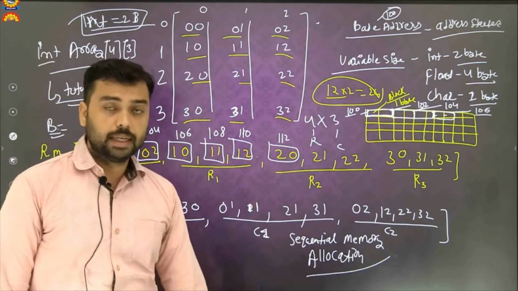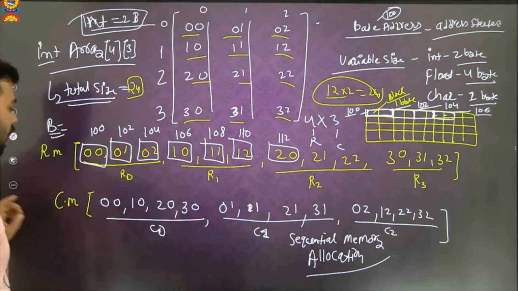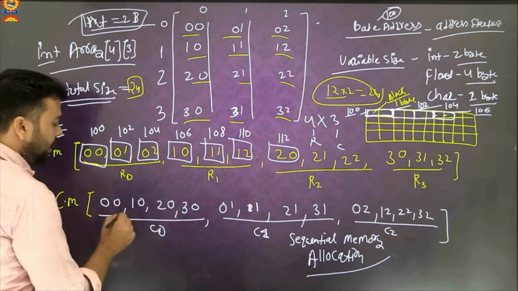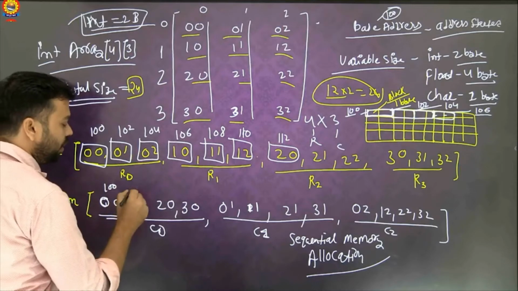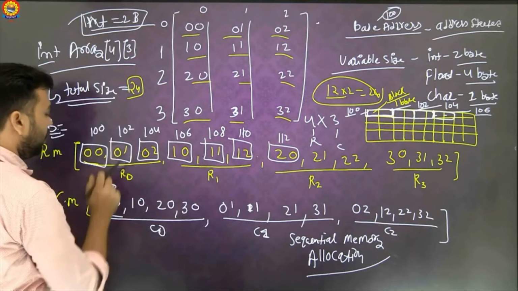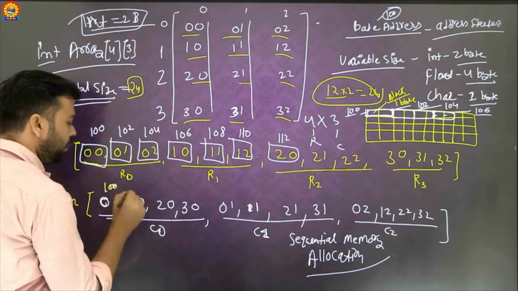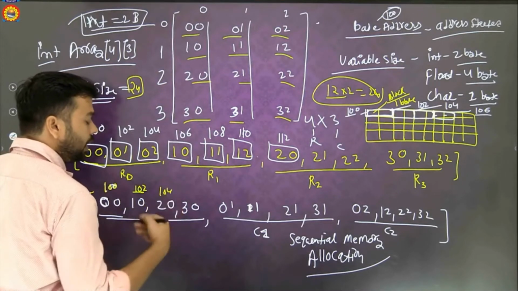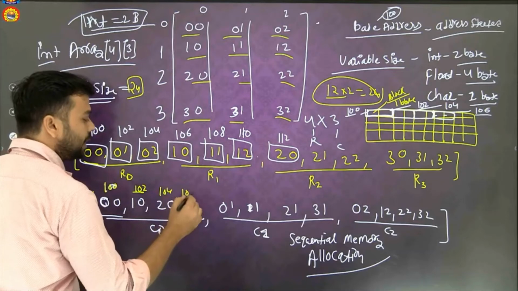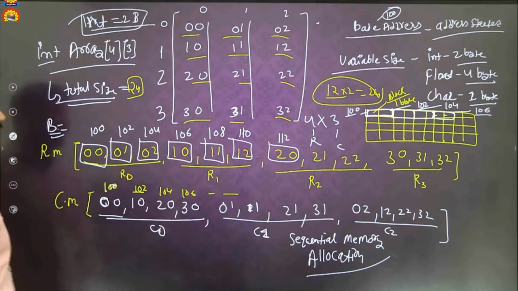Similarly, in the case of column, if the base address is 100, then the address of 00 will be 100, then the address of 10 will be 102, then the address of 20 will be 104, then the address of 30 will be 106, and so on. Let's have an example.